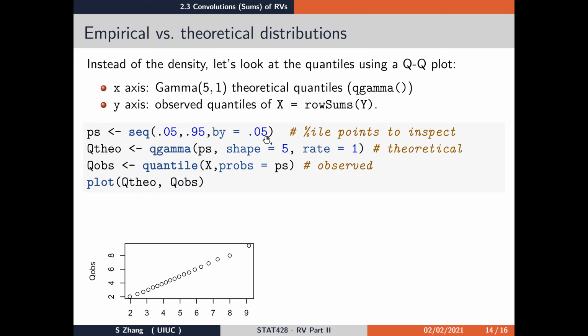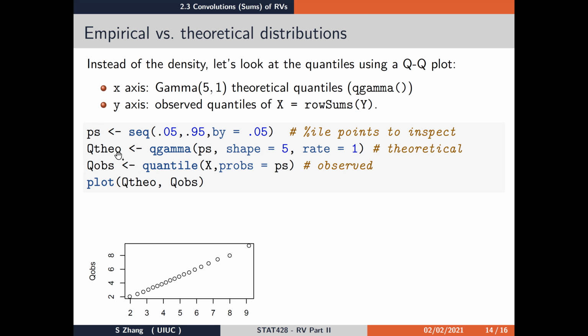So here's the R code that creates the QQ plot. We first specify the p's, which is a sequence of percentile points or quantile points that we want to inspect. For each of these p's, we want to calculate the corresponding theoretical quantile and the corresponding observed quantile in our X samples.